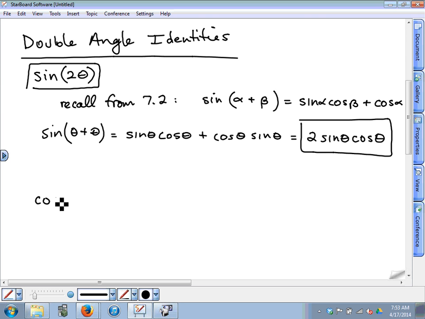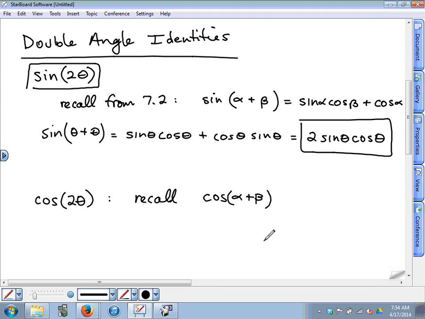The double angle for cosine is similar to derive. Cosine of 2 theta. You need to recall what was the cosine of alpha plus beta. I tried to make it kind of like pattern recognition. What was the pattern for cosine if you're taking the sum of 2 angles?